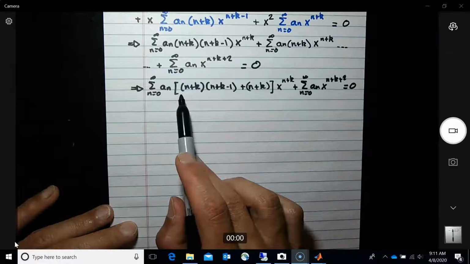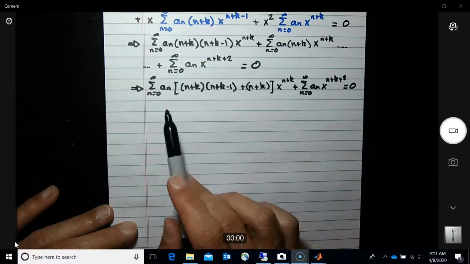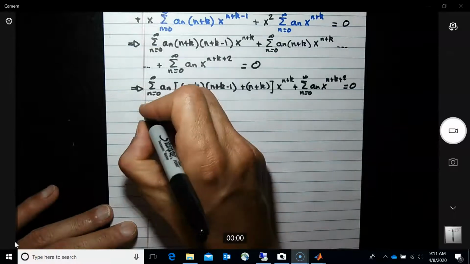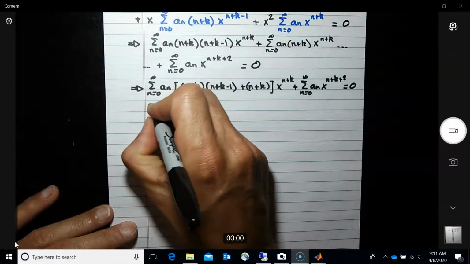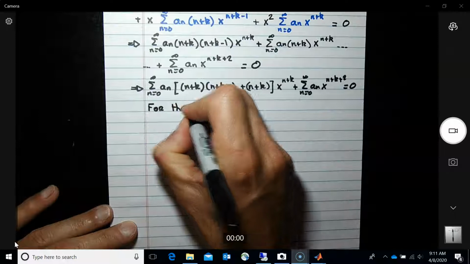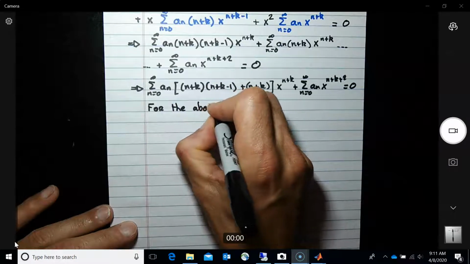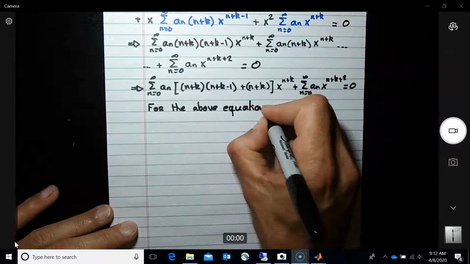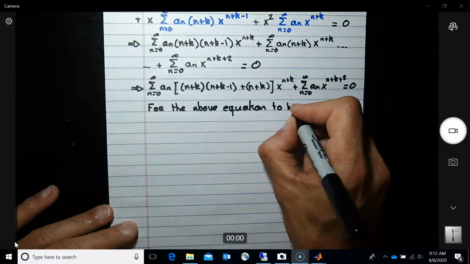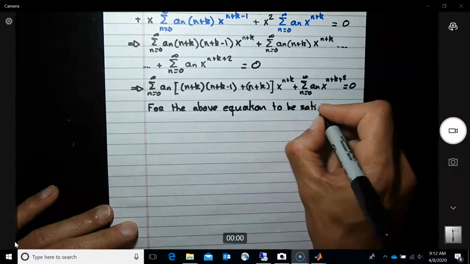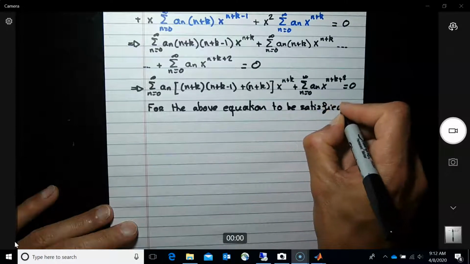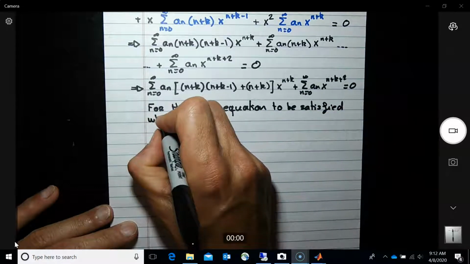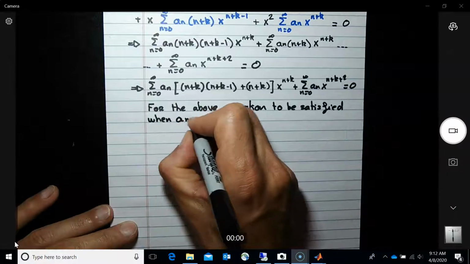So here, let's see what happened. For this to be equal to 0, let's see what happens. So for the above equation to be satisfied when a sub n is different than 0.